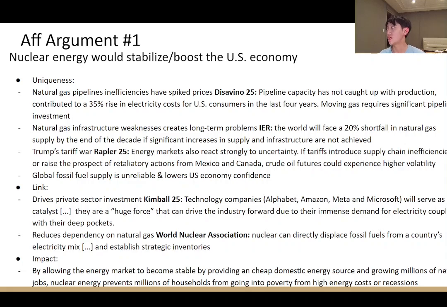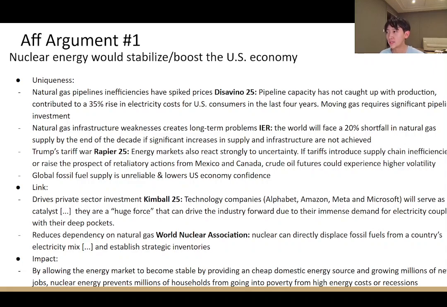Moving gas requires significant pipeline investment, right? So essentially what this card is saying is that current natural gas is very unstable, right? It has a lot of delays, has a lot of issues that are really hard to solve without that structural investment, which also, guess what, takes billions of dollars.